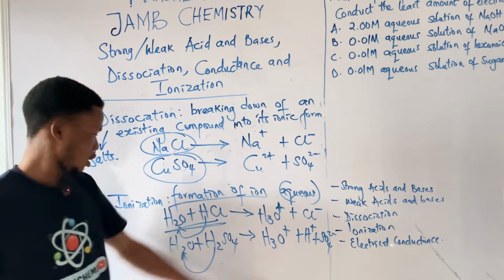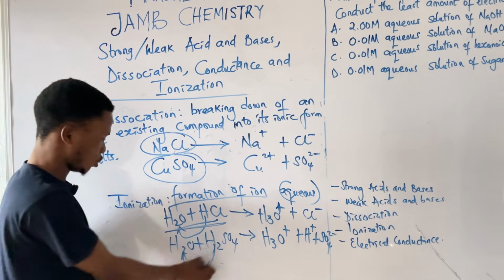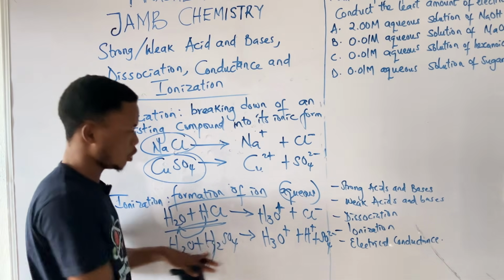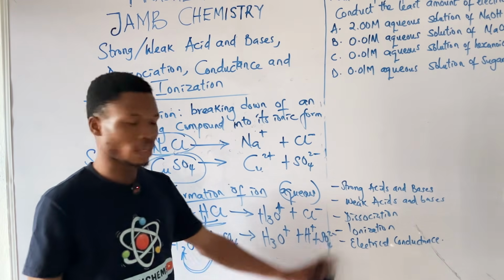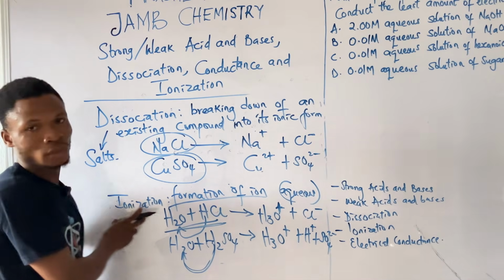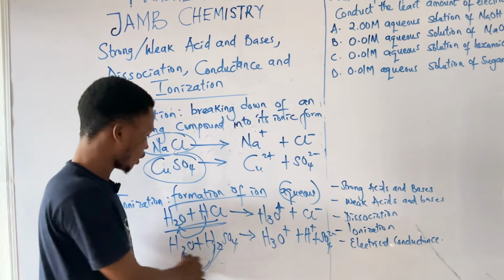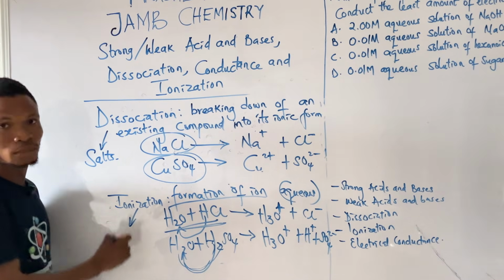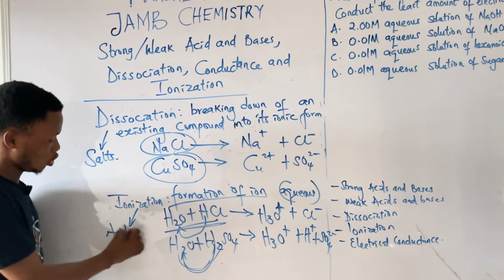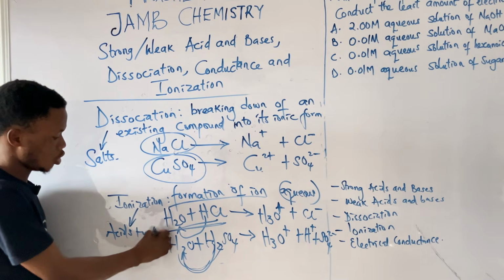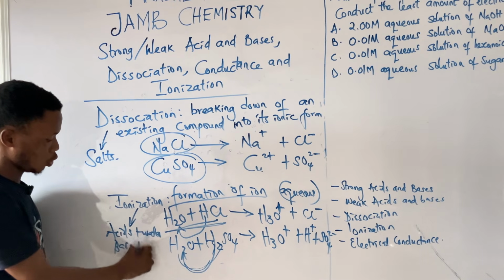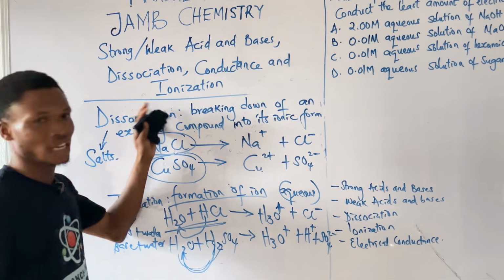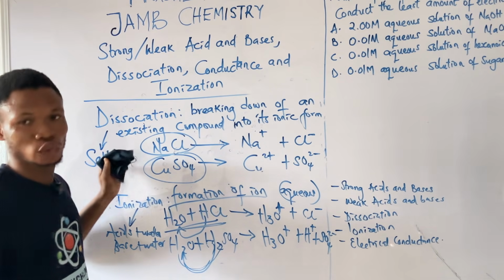You can see it's breaking down to H3O plus, and the other hydrogen turns to H plus, with SO4 2 minus. This is ionization because there is a reaction between an acid and water, and that is why ionization most times is between acid with water or base with water. But dissociation is most times due to the splitting of salts.